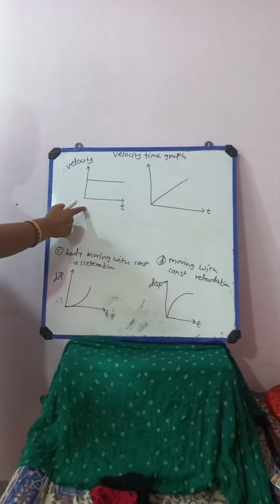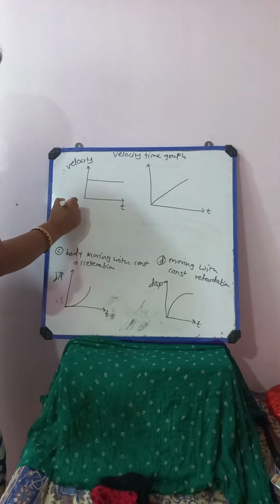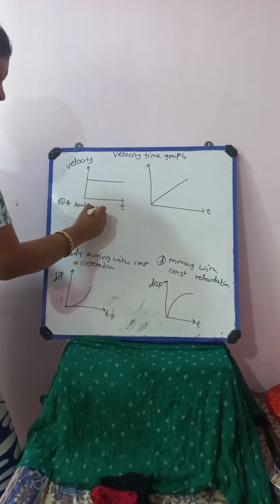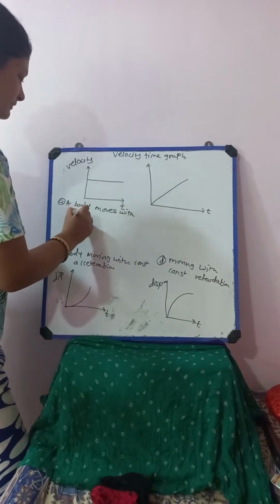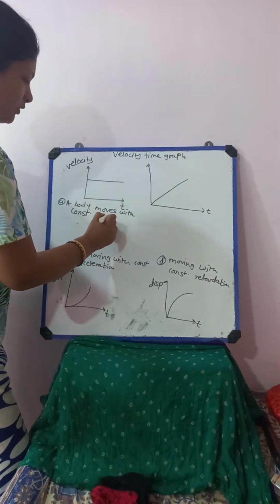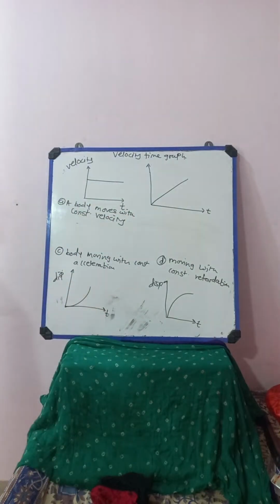If you check this graph, in the case of a VT graph, a body moves with constant velocity. That's it. This is the first graph.